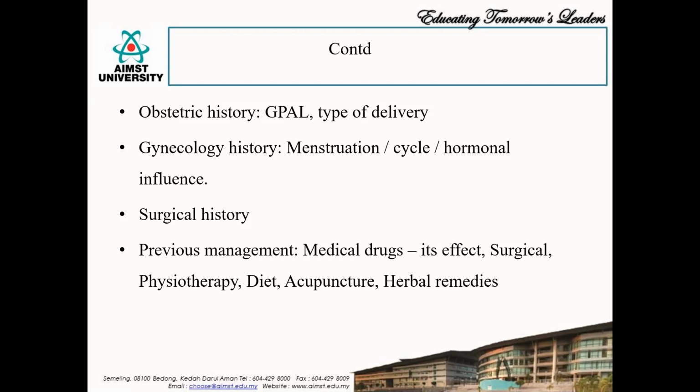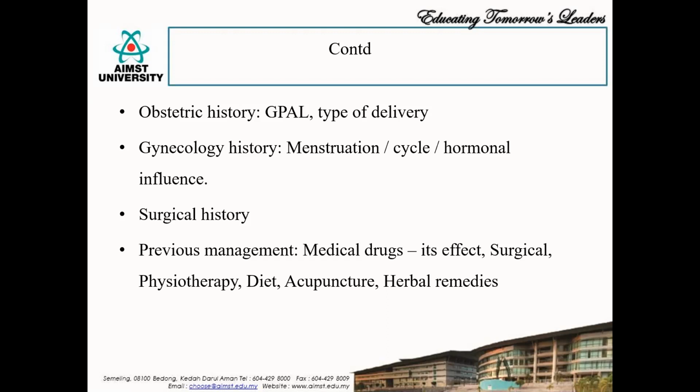Okay, so this is done by GPAL. G means gravida. Okay, please note down. Gravida means number of pregnancies, or you can say number of conceptions. P is parity, number of deliveries, that means number of children they have delivered.